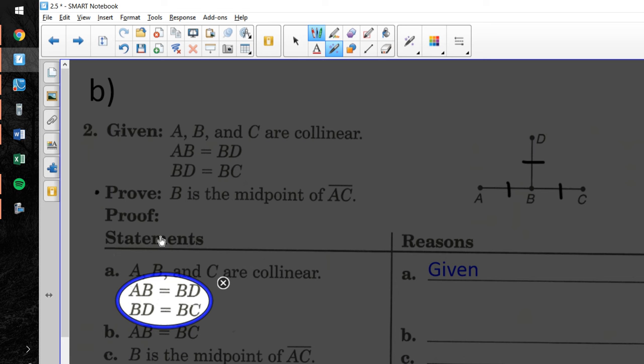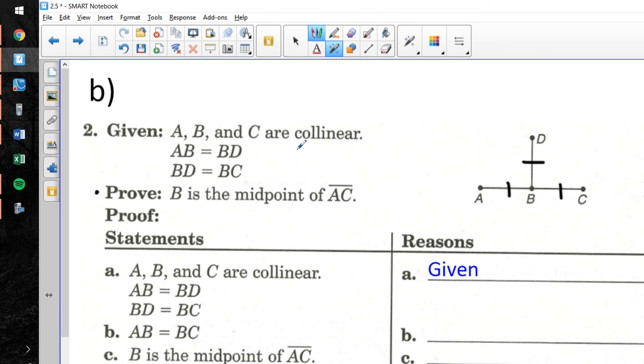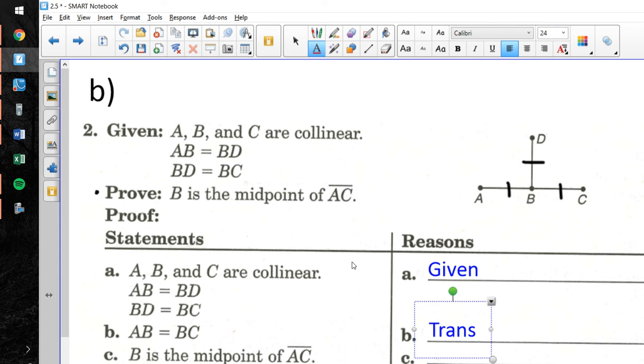So this is one of the properties that we talked about earlier in the week, everybody: if 2 quantities, such as AB and BC, are both equal to the same thing, both equal to BD, they've got to be equal to each other. So our reasoning for B, everybody, is going to be the transitive property of equality. If you were thinking substitution would have worked there, you'd have been right about that one also. So this is one that either could be transitive or substitution. Both of those would work.